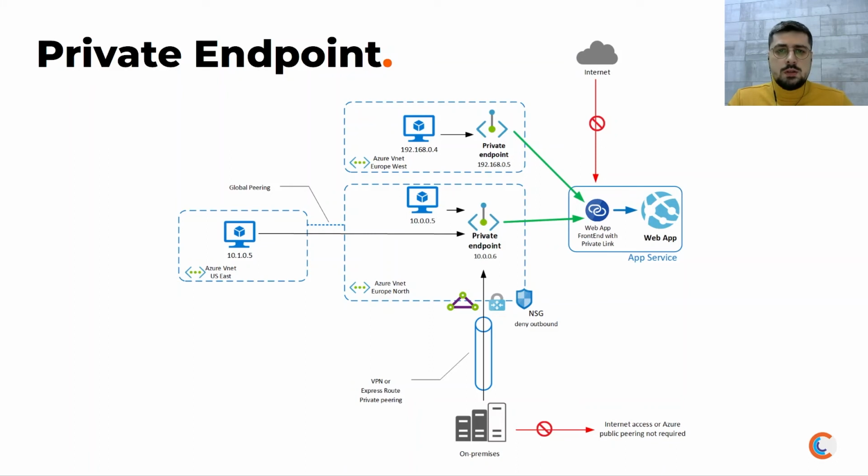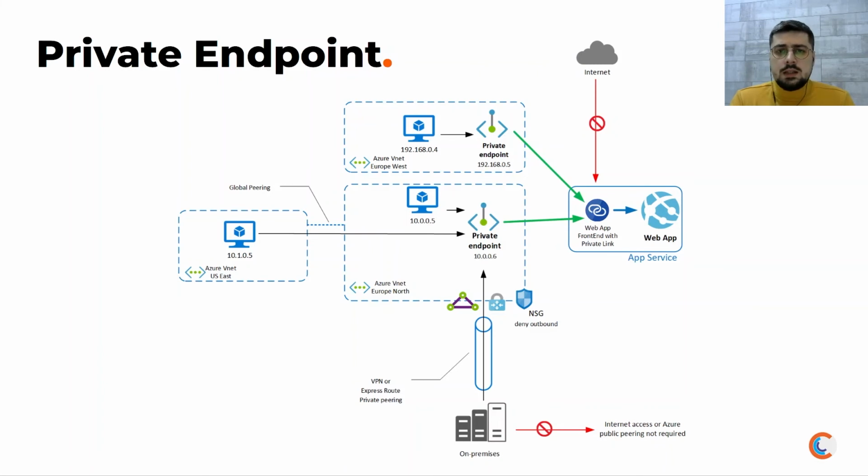Using private endpoints for your web apps enables you to secure your web app by eliminating public exposure, and to securely connect to the web app from an on-premises network that is connected to the VNet using VPN or ExpressRoute private peering.